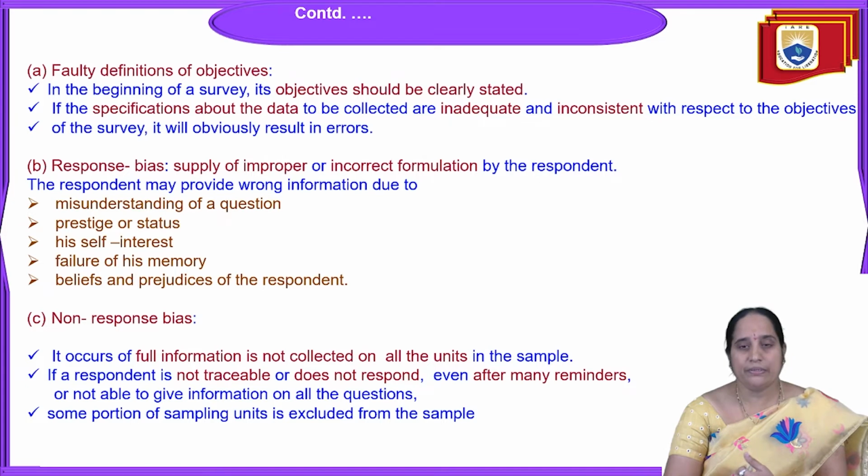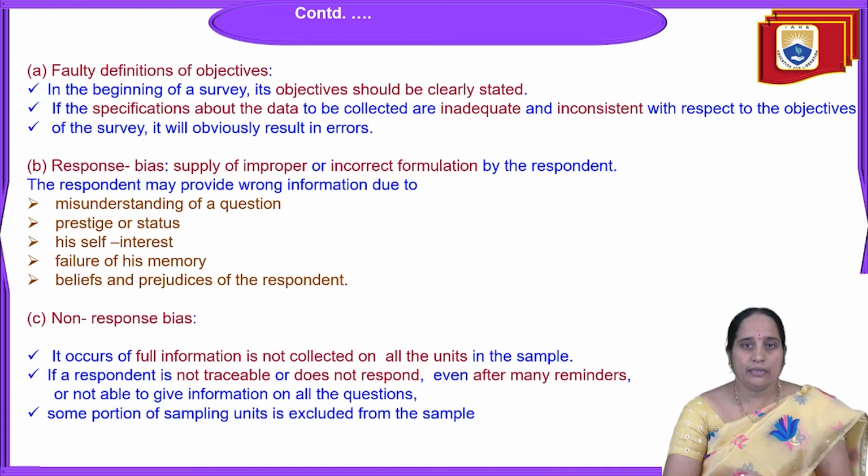If a respondent is not traceable or does not respond even after many reminders, then he will fill the gaps that arise in the research study, and try to fulfill all the information. He will furnish everything on his own.